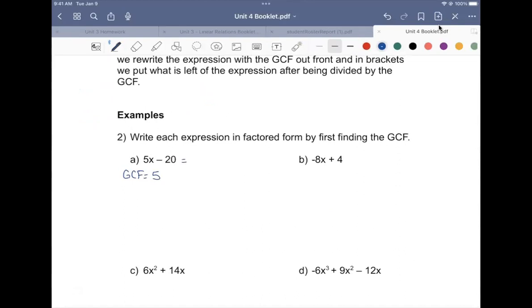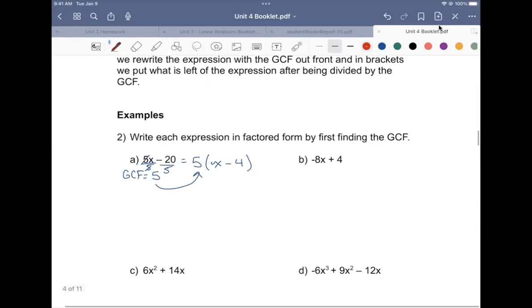So when we write our factored form, we put our greatest common factor in front, and then we divide both of them. 5x divided by 5 just gives me x. Negative 20 divided by 5 is going to give me negative 4. And that would be my factored form.